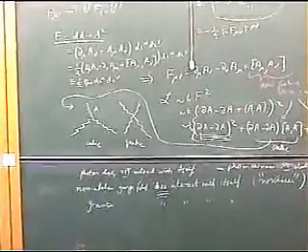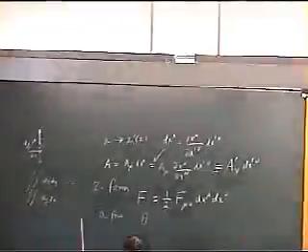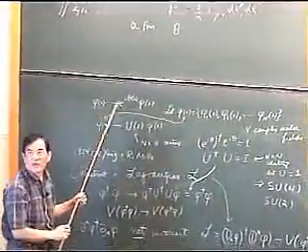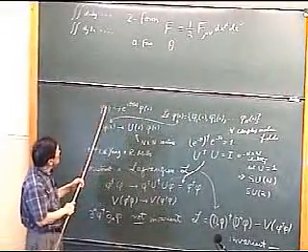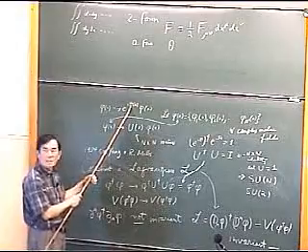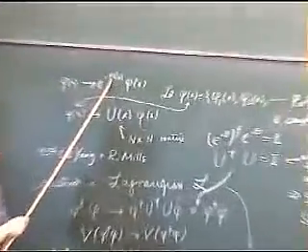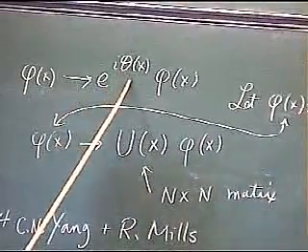You remember that, oops, I guess I don't have it here. We have to go back to the discussion of electromagnetism earlier. The concept of charge is that any field that is charged transforms under the gauge transformation corresponding to electromagnetism. So it changes by a phase.